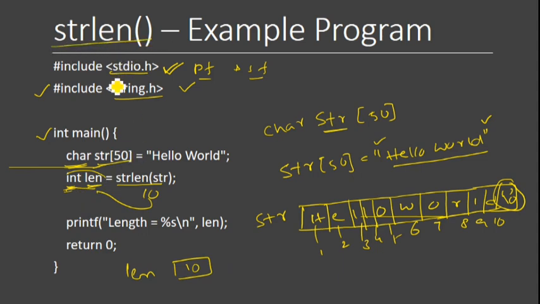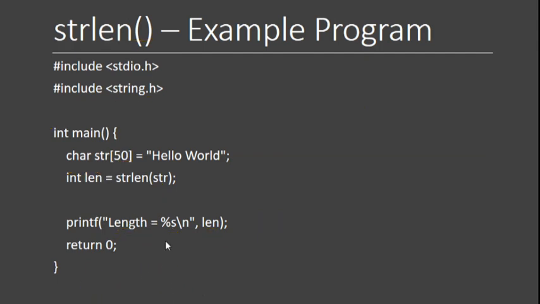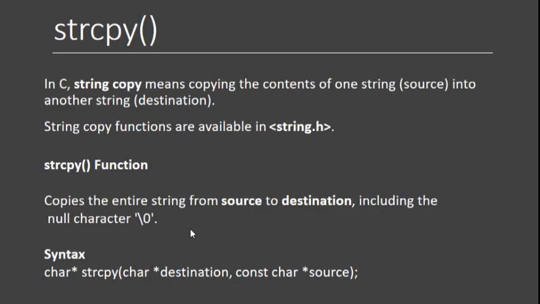Because the string length function always returns an integer. That's why I declared length as an integer. Hence the number of characters in a string will be returned here. Then printf length equal to percentage d, because my answer is there in length. So my answer is 10 here. In this way the string length function is going to work.